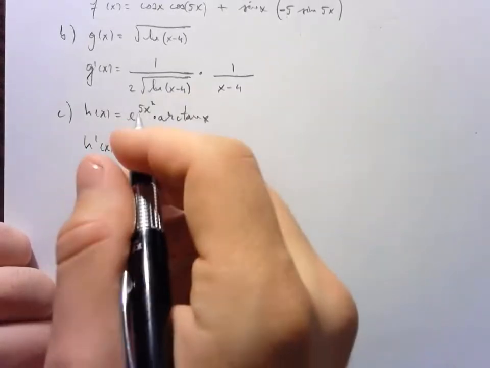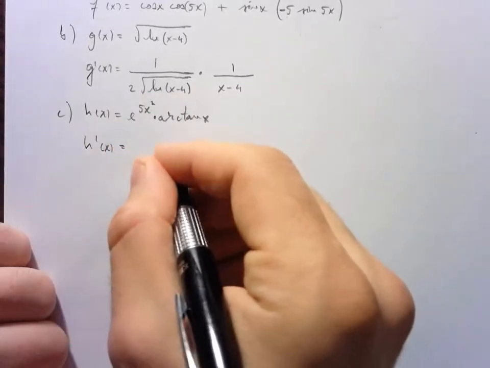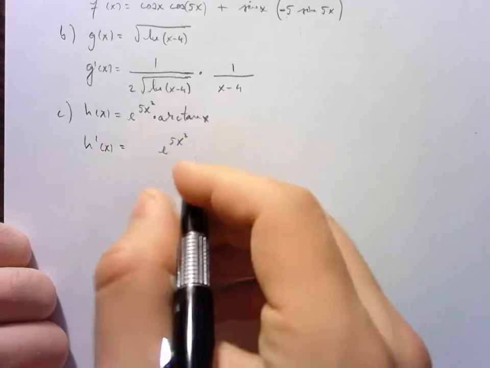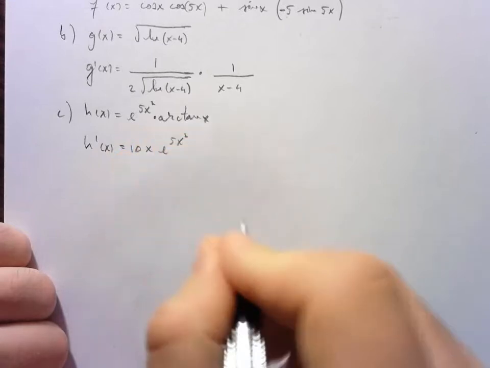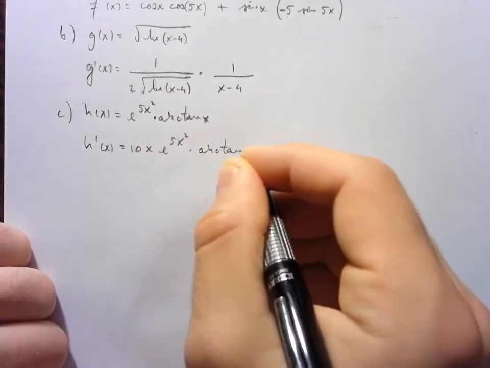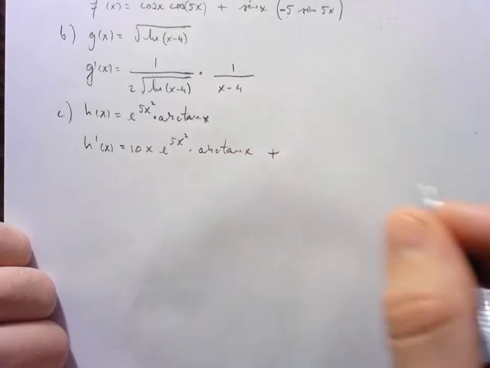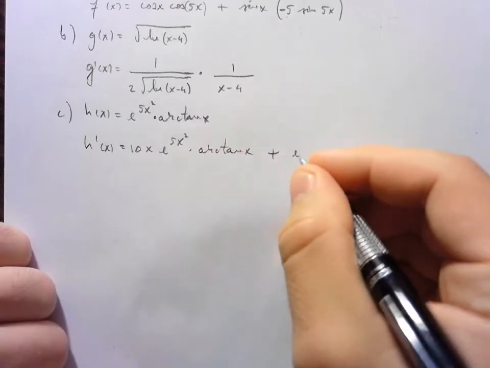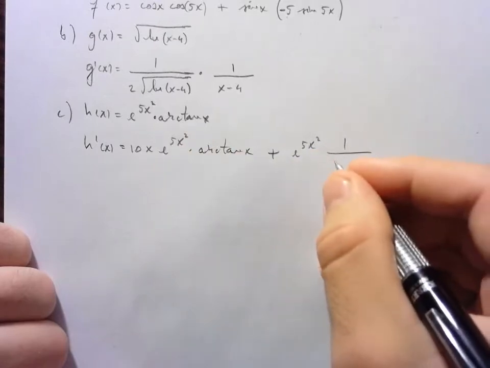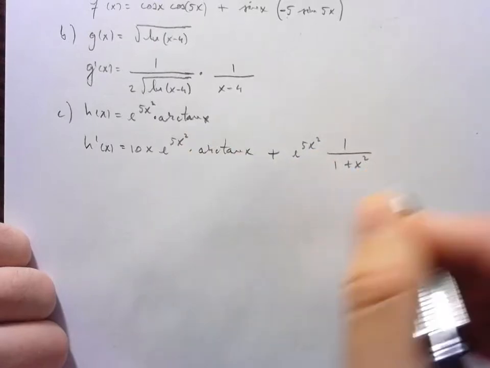That also uses chain rule heavily. So we have e to the 5x squared, but we multiply by the derivative of the exponent, which is 10x, times arctan, plus e to the 5x squared times the derivative of arctangent, which is 1 over 1 plus x squared.